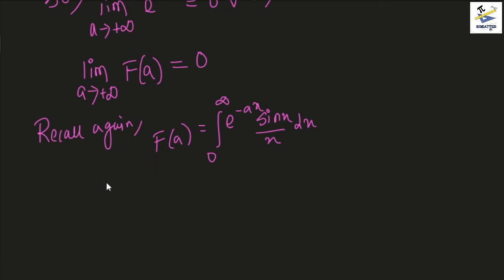So what we can do is differentiate both sides with respect to a. It's very important that we are differentiating with respect to a, where a is a variable, and by Leibniz rule of differentiation under the integral sign, you would get something like this.